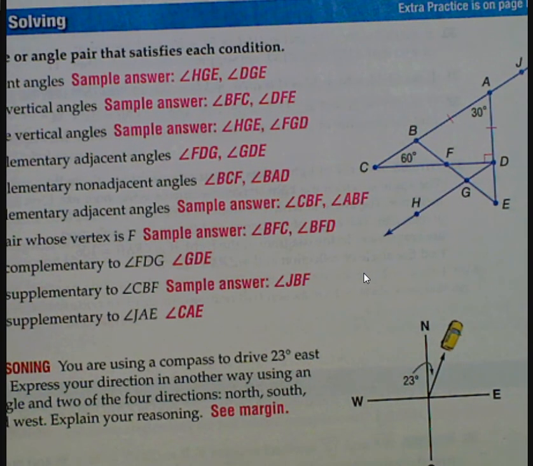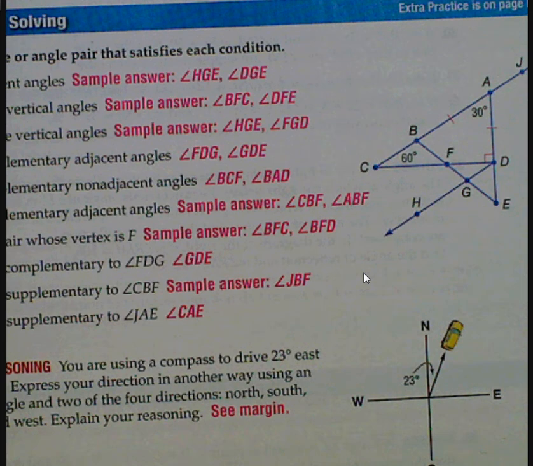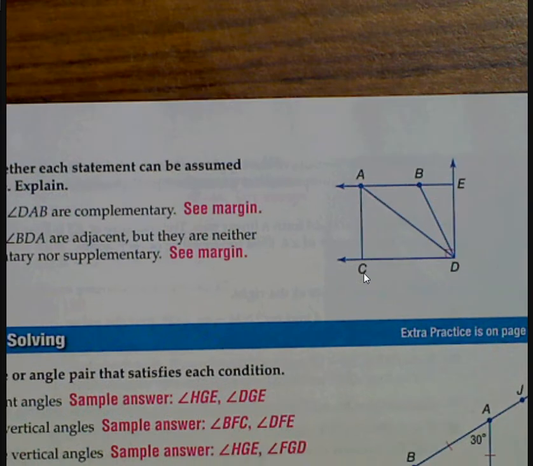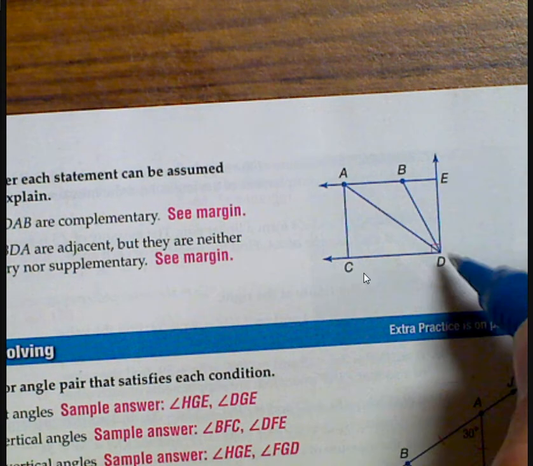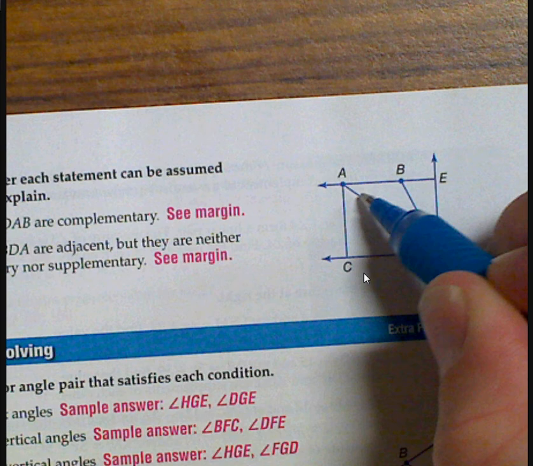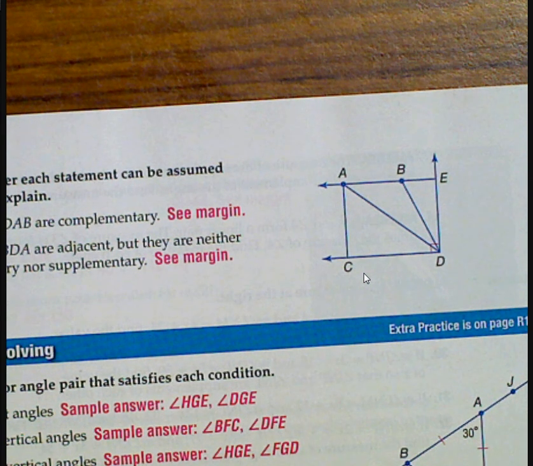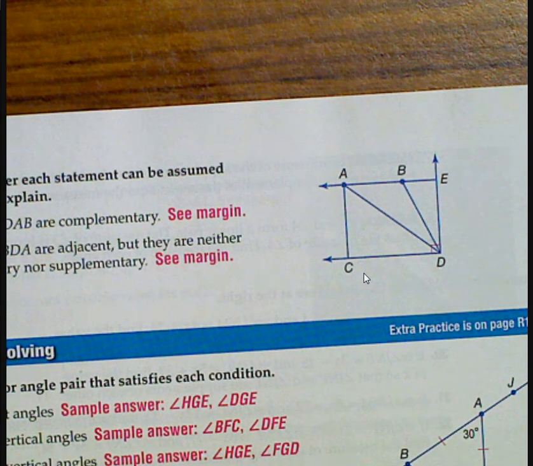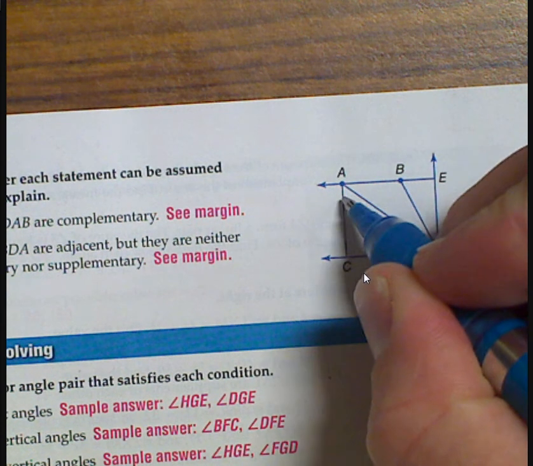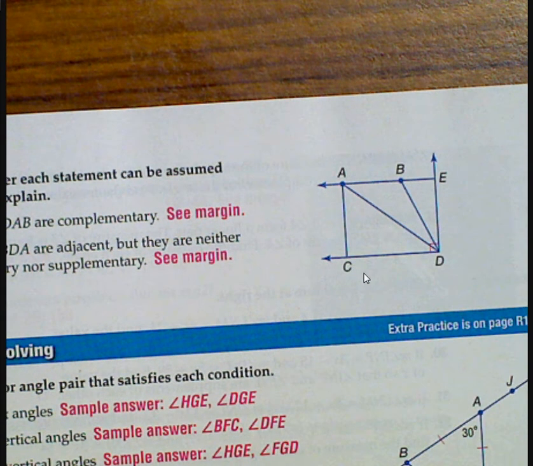And I need you to understand that it looks like they are, so CAD, DAB, so this angle and this angle, they look like they are 90, but it does not tell us that they are 90. Therefore, we cannot. So no, those are not complementary. They look like it, but we don't know for sure. We have to have the little box sign that tells us that it's 90 degrees.